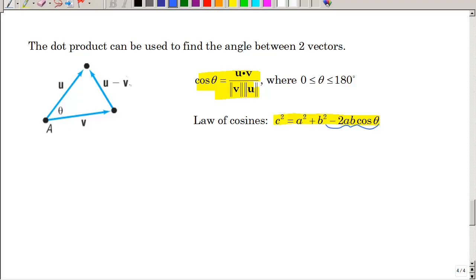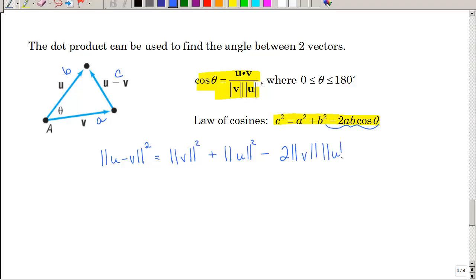I'm going to call this side c, this side a, and this side b. So rewriting that in terms of the law of cosines, I would have the magnitude of u minus v squared equals the magnitude of v squared plus u squared minus 2 times u v cosine theta.